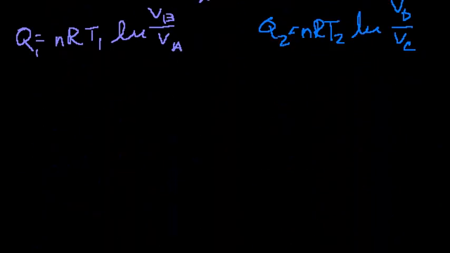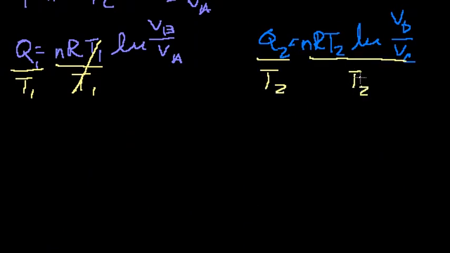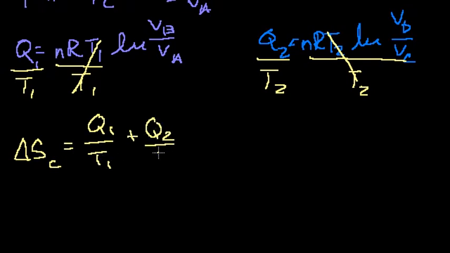So let's add them. So q1 over T1 is equal to that over T1. That cancels out. q2 over T2 is equal to that over T2. That cancels out. So our change in our mystical state variable as we go around the Carnot cycle is equal to q1 over T1 plus q2 over T2, which is equal to nR times the natural log of Vb over Va.